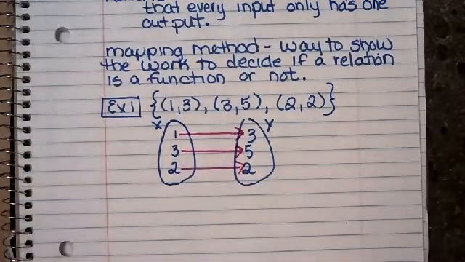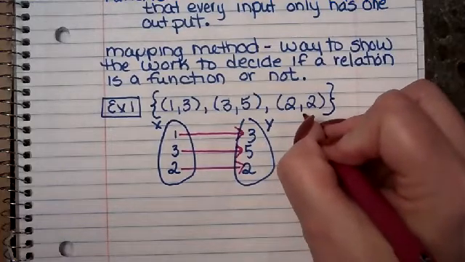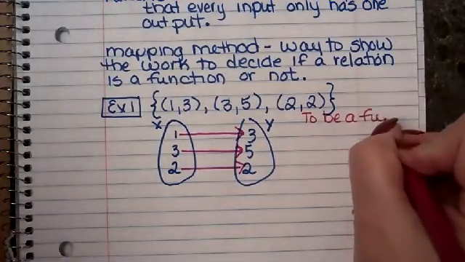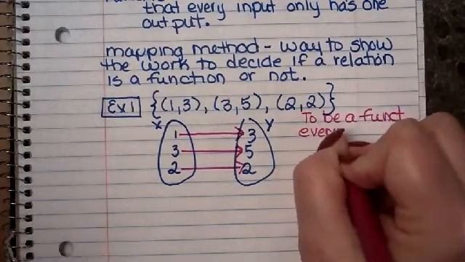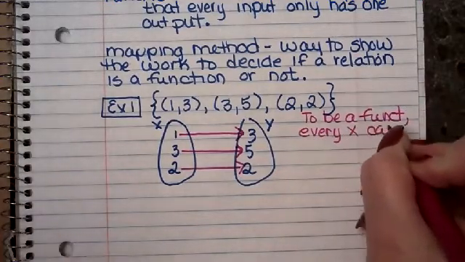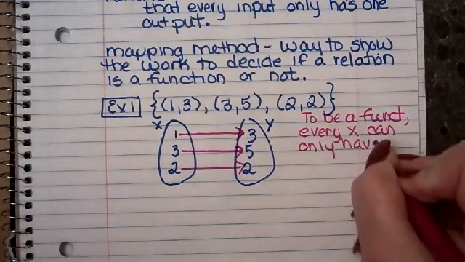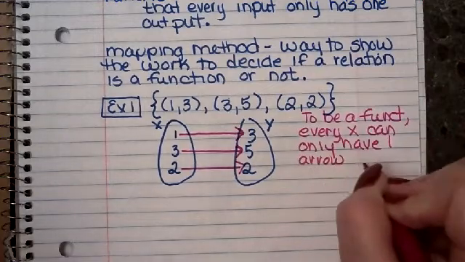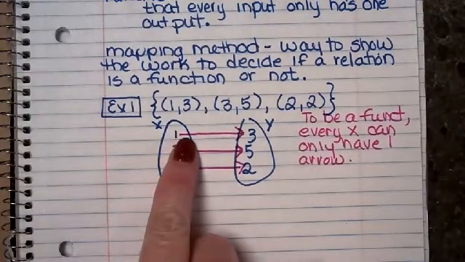Now, here's our catch. To be a function, make a little note right here. To be a function, every X can only have one arrow. Okay? The first X right here has only one arrow.